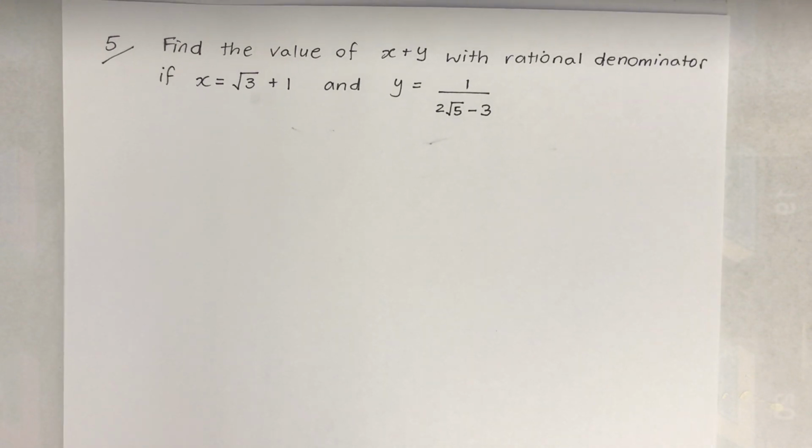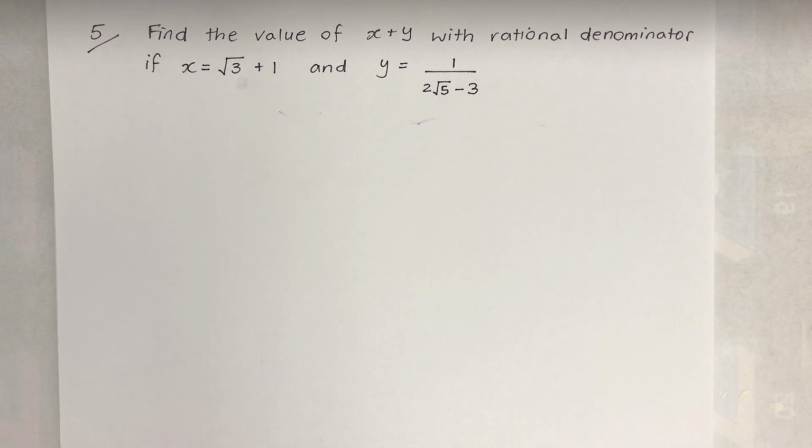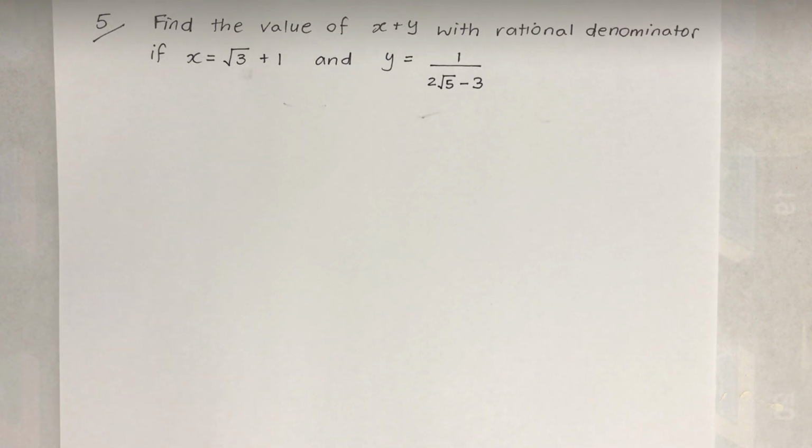Now, question 5 is saying, find the value of x plus y with rational denominator if x equals root 3 plus 1 and y equals 1 over 2 root 5 minus 3. Okay, so that's what we've got to do.